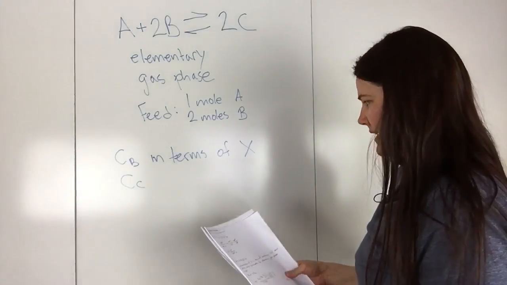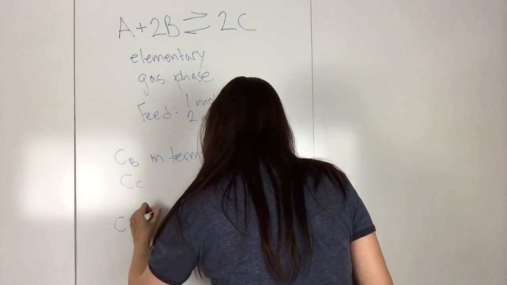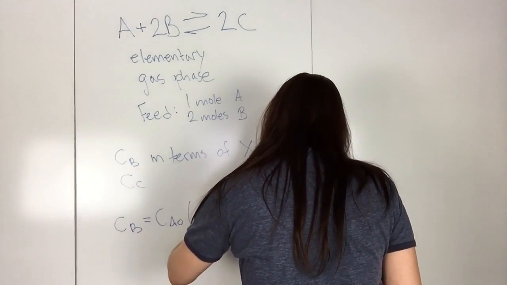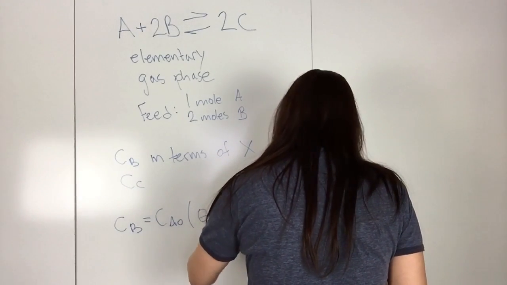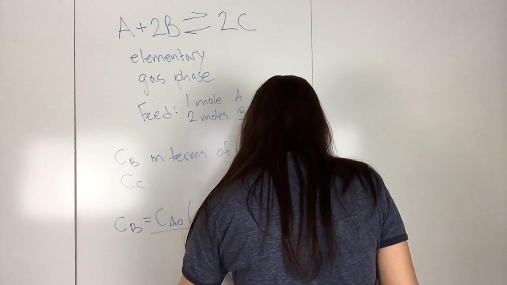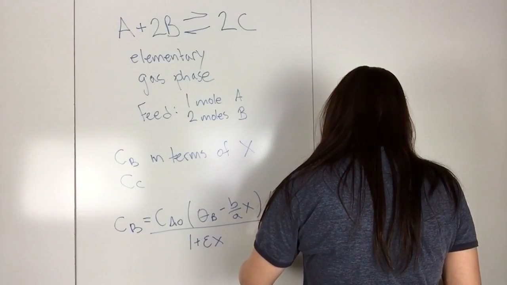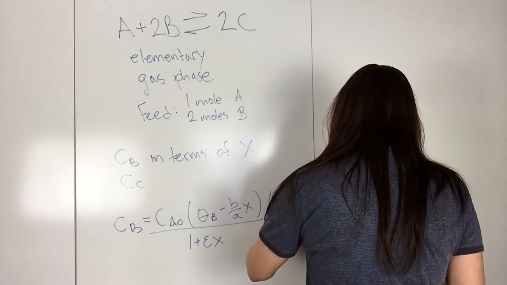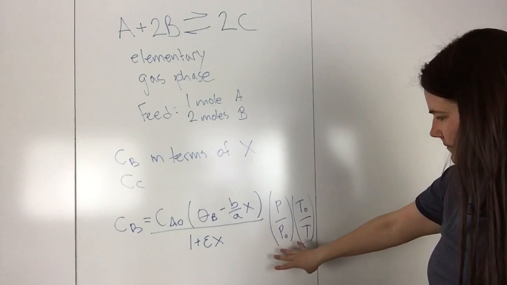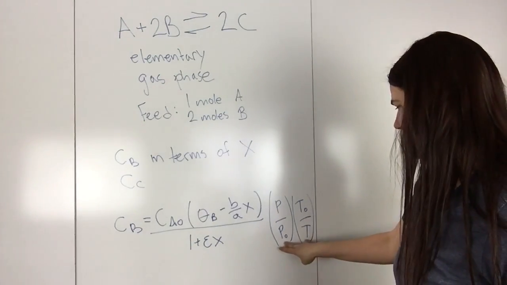And so for CB, you would have CB equals CA naught theta B minus B over A X, over 1 plus epsilon X, times P over P naught, T naught over T. One thing to keep in mind is if your pressure and temperature are constant, then these are both equal to 1.